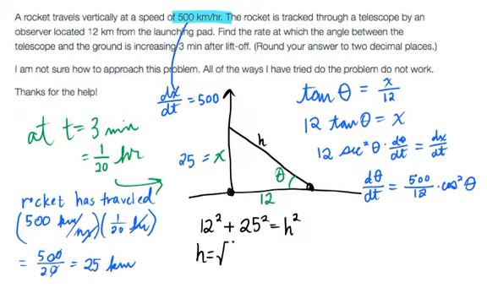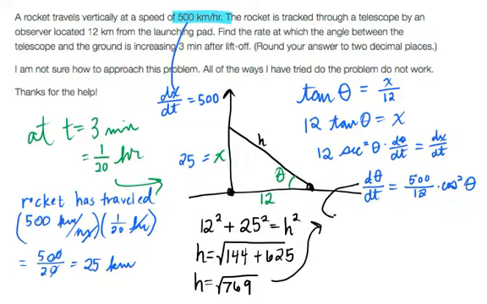So h is equal to the square root of 144 plus 625, which is 769, which, if we take the square root of 769, we get a decimal number. I'm not going to take the time to simplify that radical right now. Instead, let's go ahead and plug this into cosine squared theta. It'll get squared anyways, and the radical will go away, so it's definitely not worth the time to simplify.